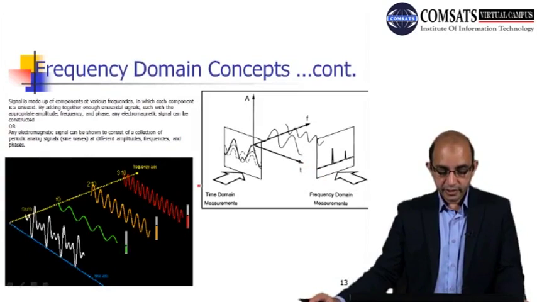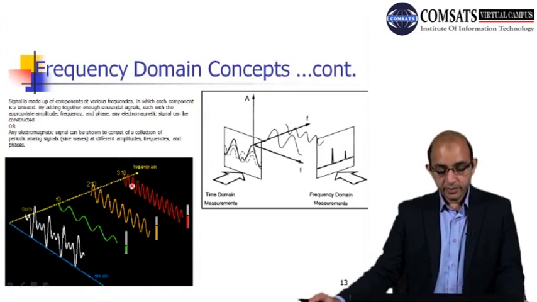Again here I have shown, for example, the fundamental frequency, f naught, and then we have the other frequencies that are integer multiples of the fundamental frequency. So here 2f naught, and you can see that this signal is much faster than this one. More vibrations are being made in the same amount of time.